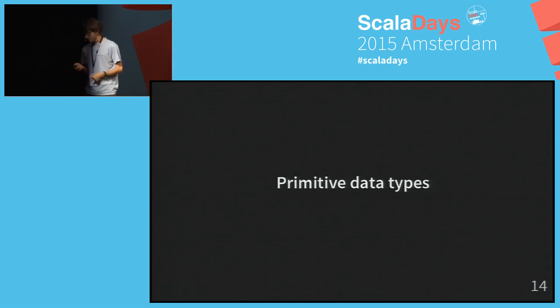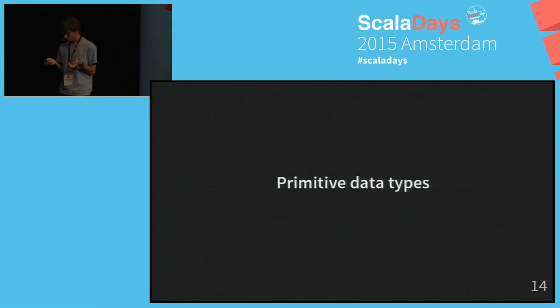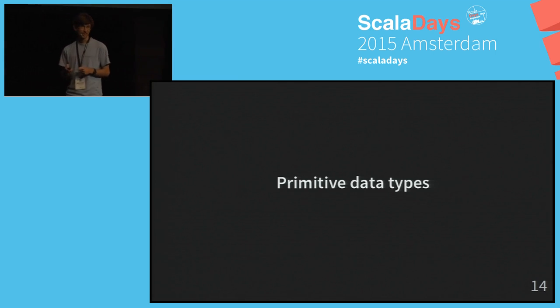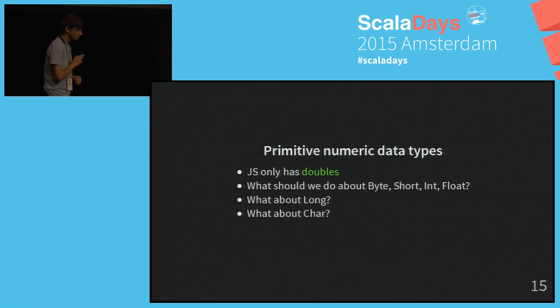So the first thing that is different on Scala.js and Scala JVM is primitive data types, and especially numbers. You might know that JavaScript has only doubles, basically. So it has a number type, but it's all specified as doubles, which is great to encode Scala doubles, but not so great to encode all of the other numeric types.